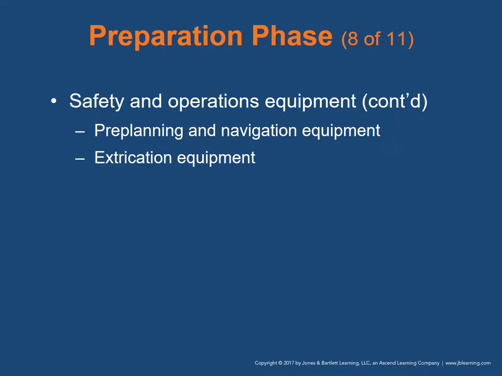Okay. Pre-planning and navigation equipment, we have the MDTs, which are the mobile dispatch terminals. If you've ever seen the inside of a police squad car, you will see the laptop that's there in the passenger seat that they use to run license plates and driver's license and search for warrants and stuff like that. We have computers that are similar to that, and all of our dispatch information comes to the computer.